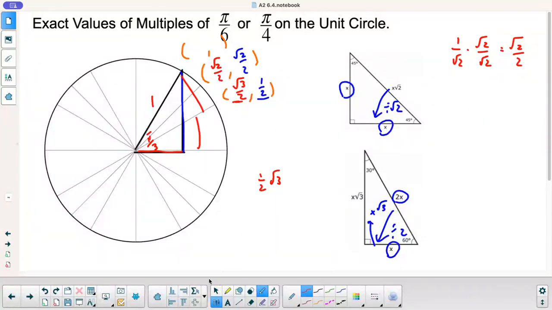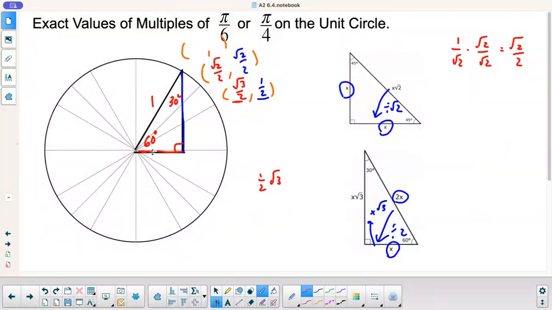If I add it up, it's 2 pi over 6. Okay, so I'm going to write it as 60 instead of pi over 3. And this would be my 30.